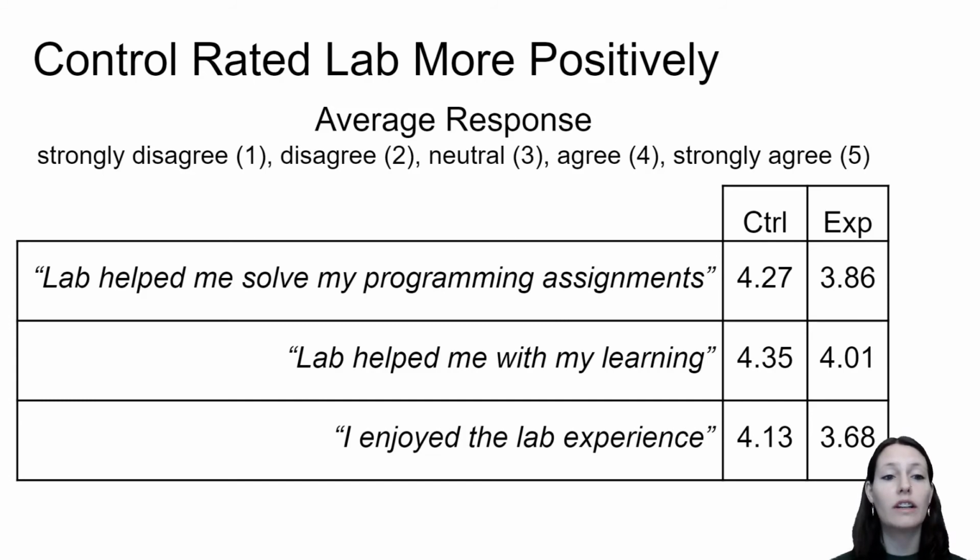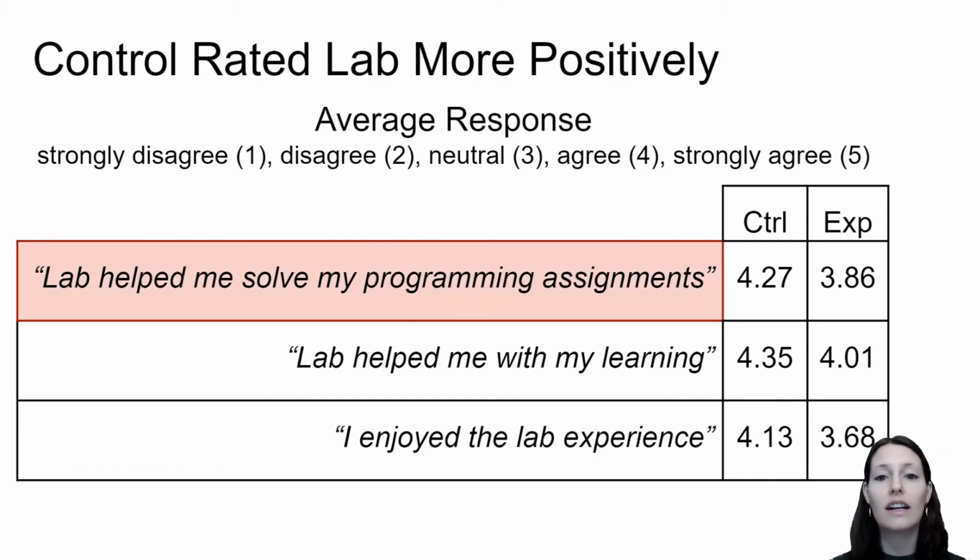These statements were, lab helped me solve my programming assignments, lab helped me with my learning, and I enjoyed the lab experience. As I stated, in all cases, the control group rated lab more positively, though only one area had a statistically significant difference. This was, lab helped me solve my programming assignments.